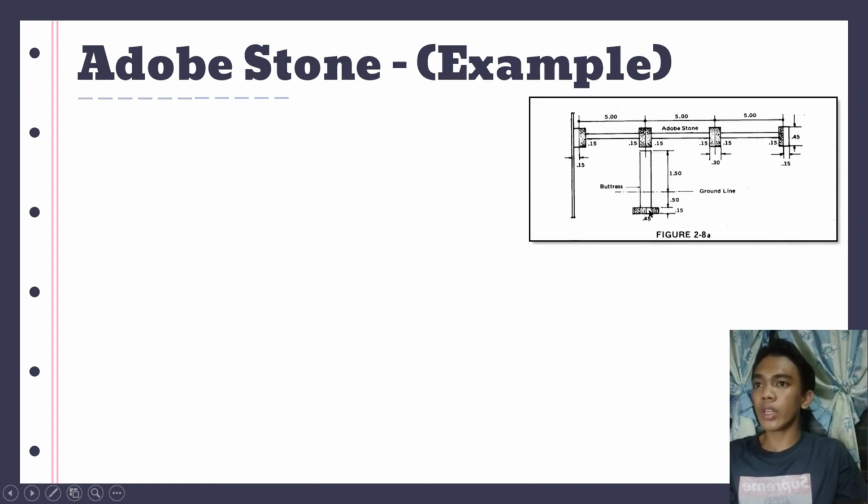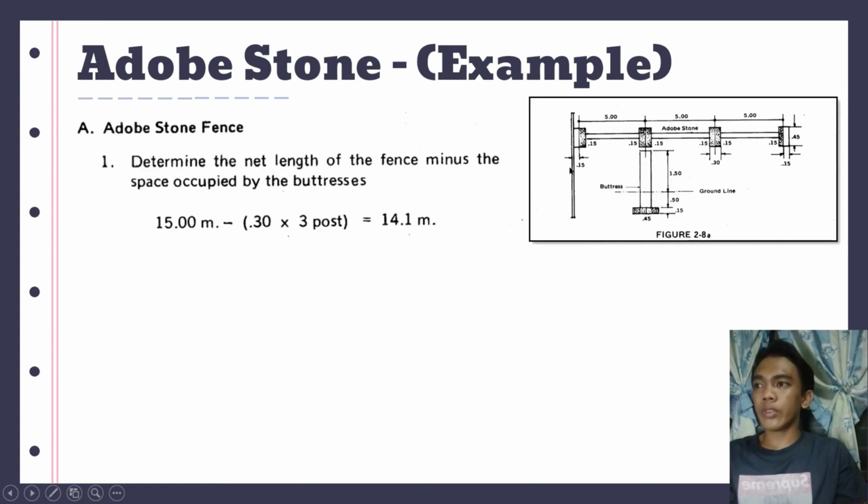So first, you need to determine the net length of the fence minus the space occupied by the buttresses. So these are the buttresses. We have here 4, or because we considered half, we have here 3 total of buttresses. So we need to add these 3. We have here 15.